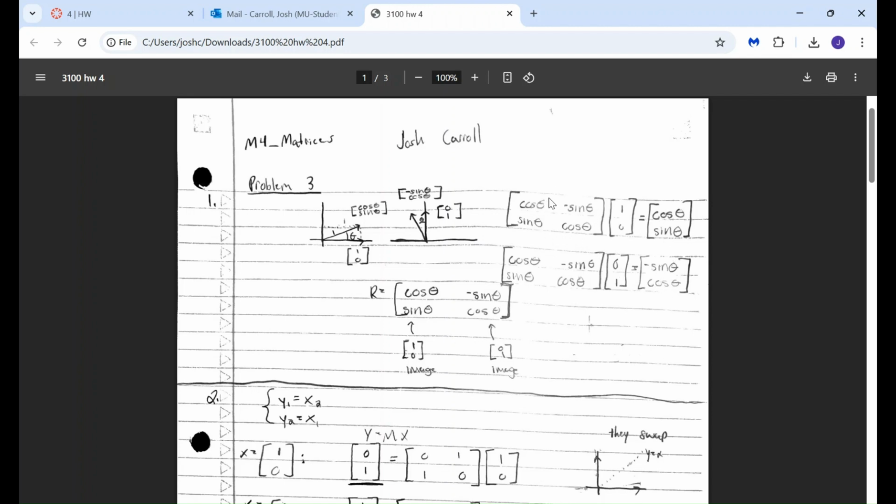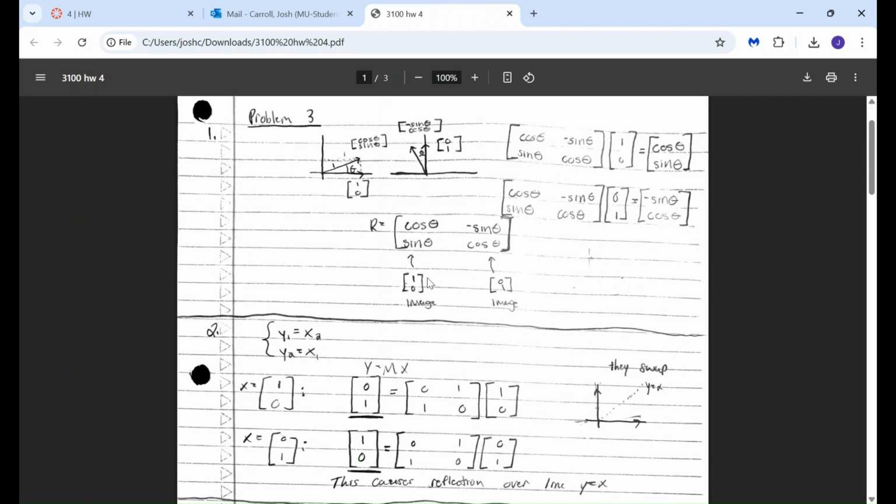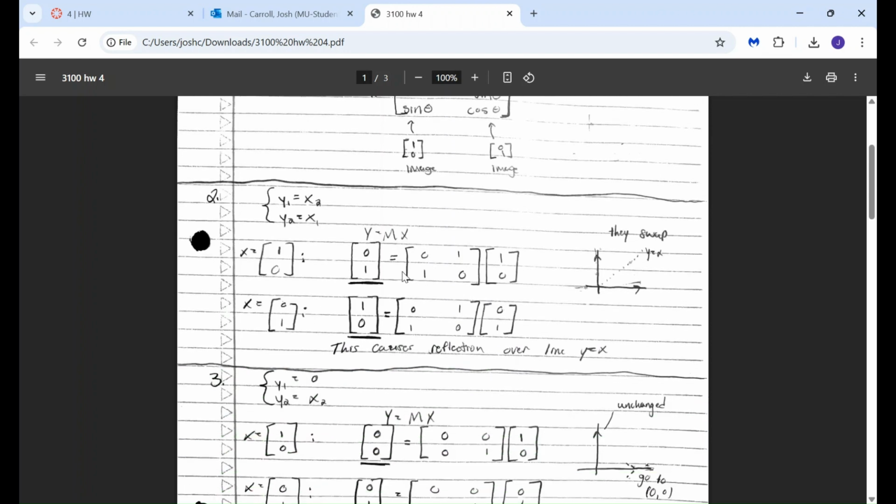We have the individualized matrix representations of, for instance, an x projection and a y projection. And then we combined these, as you can see here, to get our R, which is our representative matrix of this theta rotation angle in the counterclockwise direction.